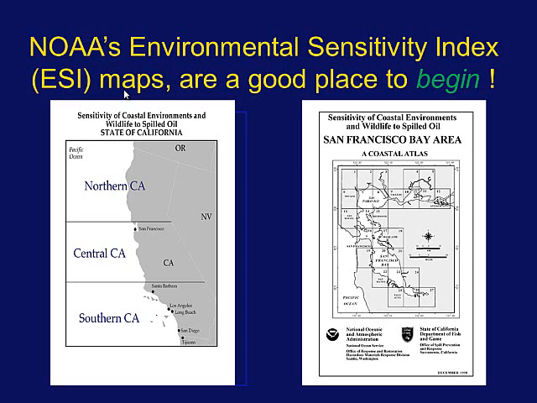I also say that these are a good place to begin because they're just a piece of paper or an online database. They are no substitute for going to your local experts and finding out what's actually in the area, because things change. Maybe a marina closed down and it's not really there anymore, or maybe a particular bird that we were concerned about in an area no longer visits that area, or has gone extinct or something.